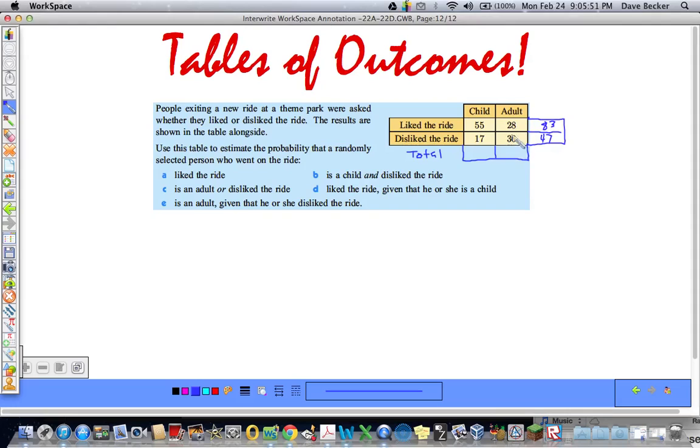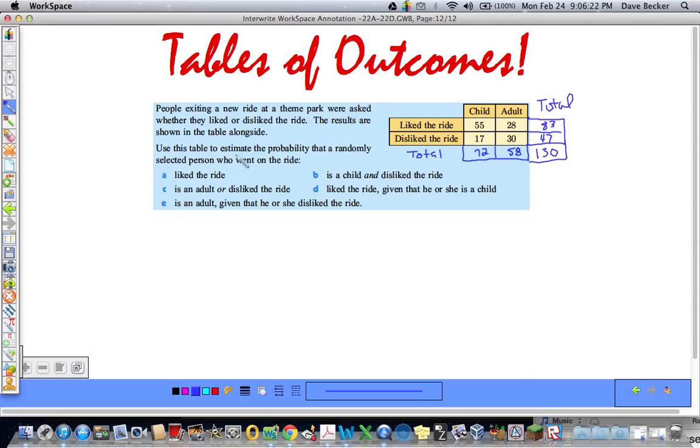Then adding down, 28 and 30 is 58. And then 55 and 17 is 72. So that's going to help us out here. What both of these should add up to vertically and horizontally is a total of 130 people. And this is a total too as well, obviously.